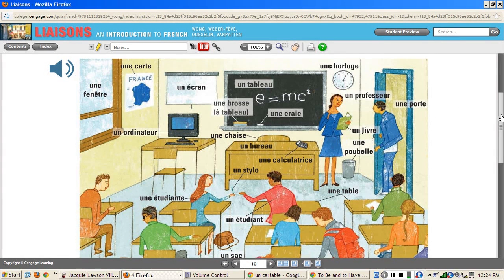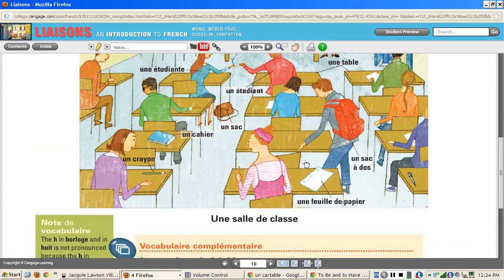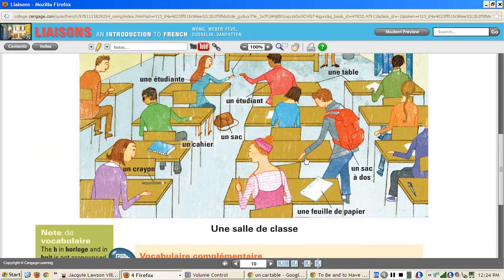As opposed to a notebook, over on the desk over here is un cahier.